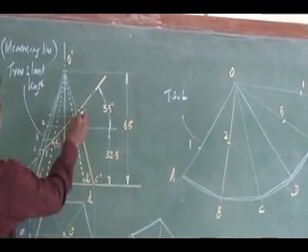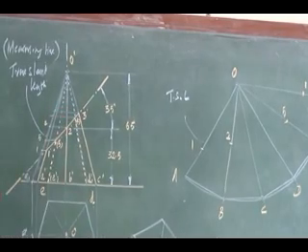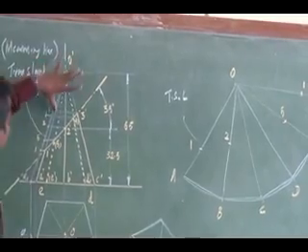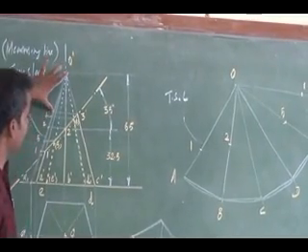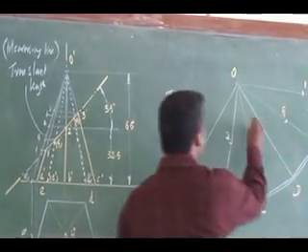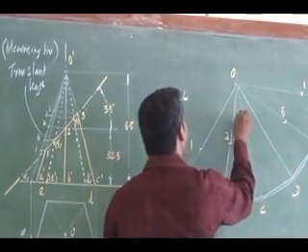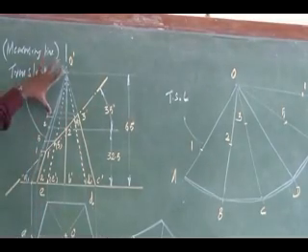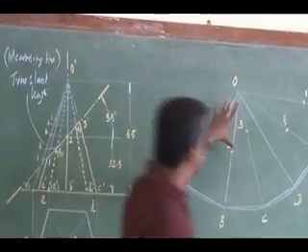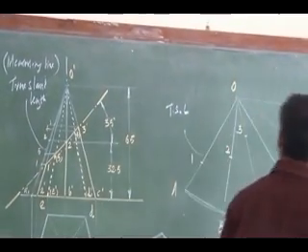Similarly, 3. Measure it. This is my 3. It is on OC. Then 4. Measure 4. 4 is on OD.